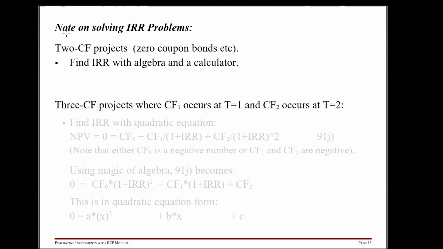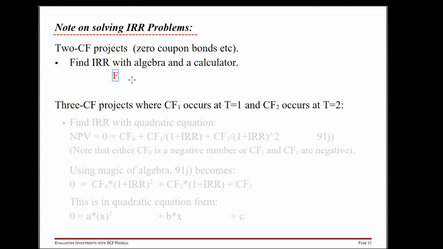Okay, so now in terms of you solving IRR problems in homeworks and on exams and things like that. For a 2 cash flow project, you can always find the IRR with algebra and a calculator, right?